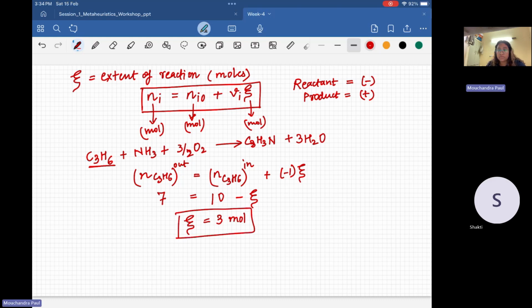Now we can use this xi value to write expressions for each of the species in the reaction and calculate their molar amounts. So let's do that.